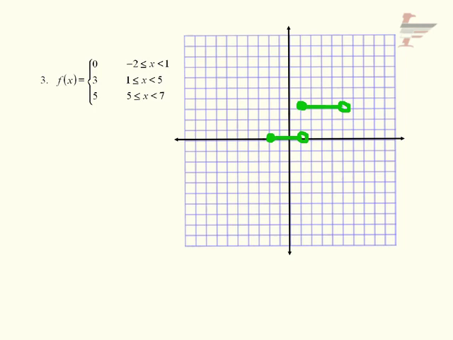And then we're going to step up to 5, the output of 5, and we're going to go to a closed circle at 5, an open circle at 7, and everything in between. And we've now graphed our step function.